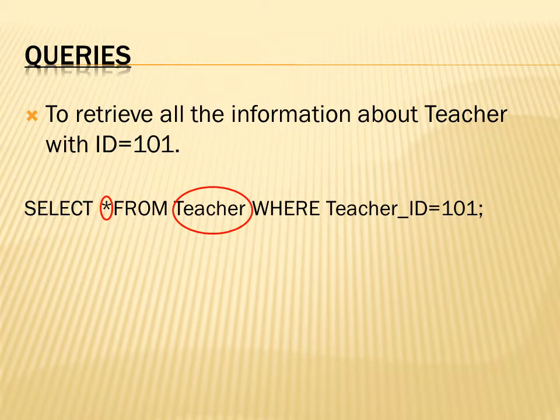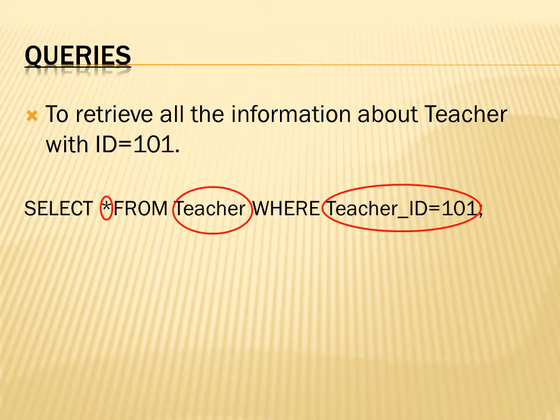Remember the syntax of the select command. Select the attribute list, meaning all the attributes you want, so I am putting star. From the table named teacher. Now you have to put the condition where the teacher ID is equal to 101 and then you put the semicolon sign. So this is the way to write it.